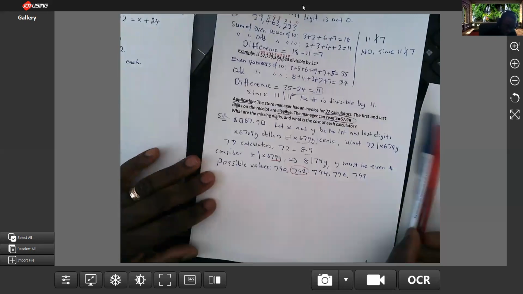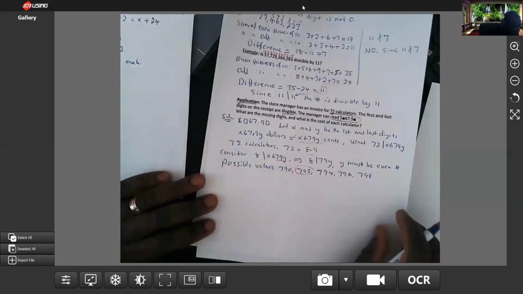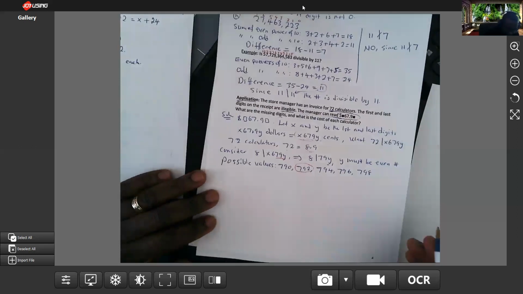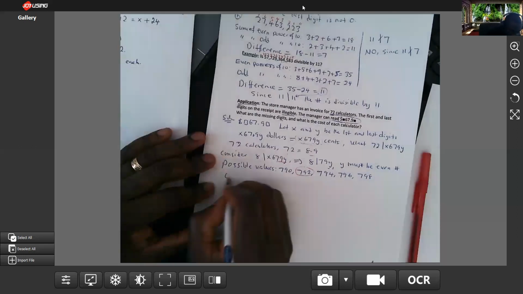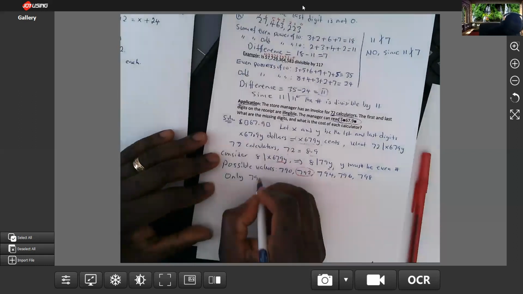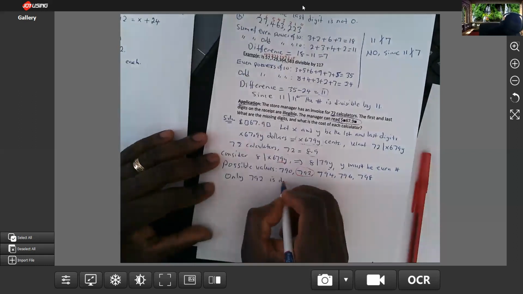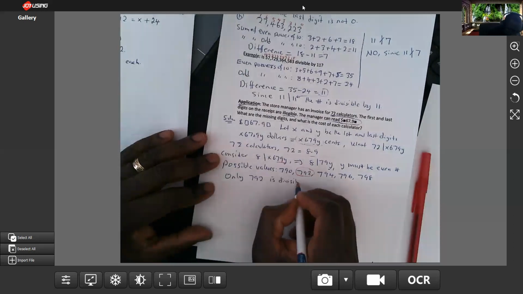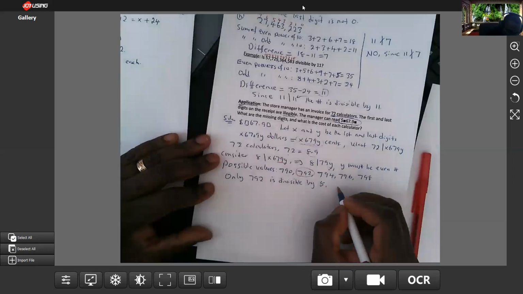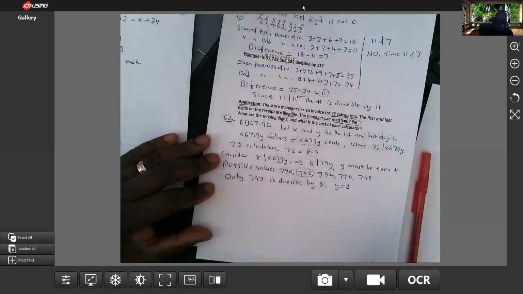So it means that the last digit must be 2. Since only 792 is divisible by 8, Y must equal 2.